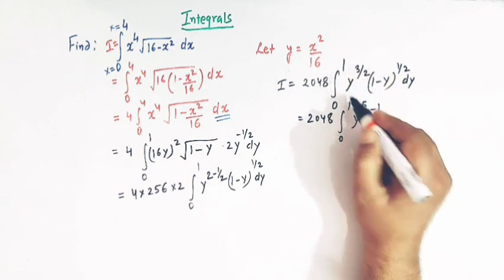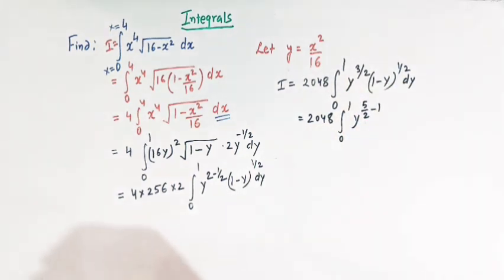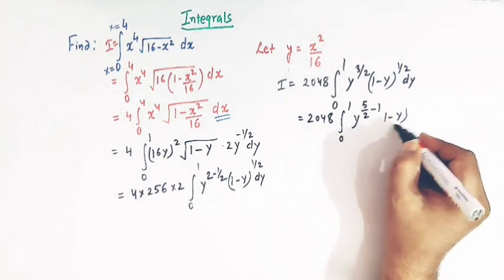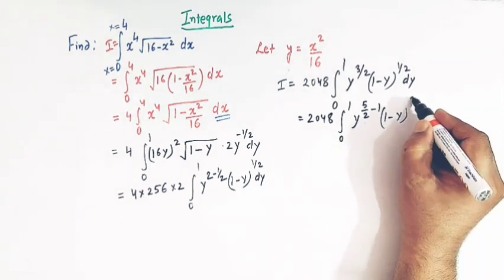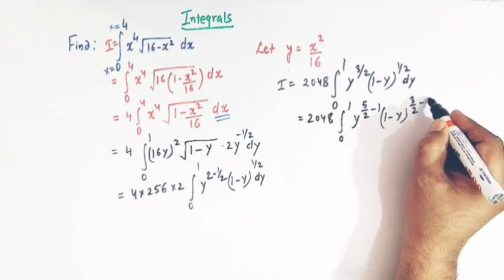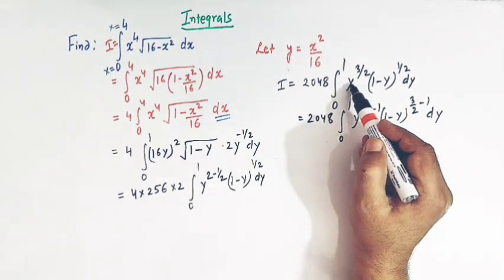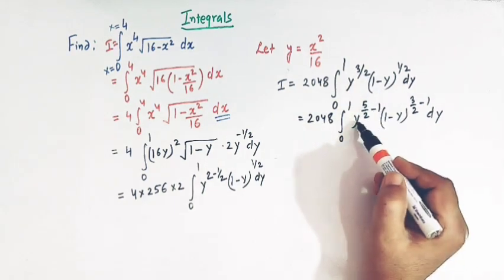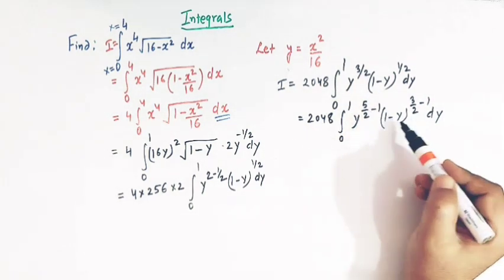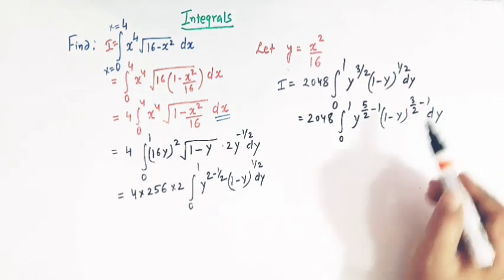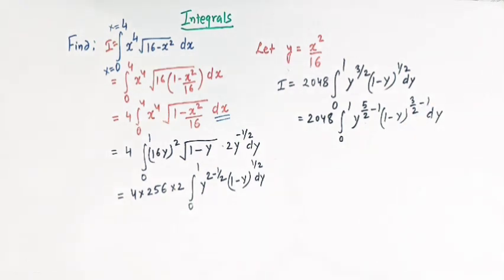In order to convert this integral into the beta integral, right? And here we have 1 minus y raised to 3 by 2 minus 1, right? So now we have written y raised to 3 by 2 as y raised to 5 by 2 minus 1, and half as 3 by 2 minus 1.